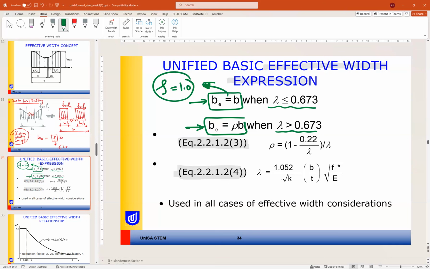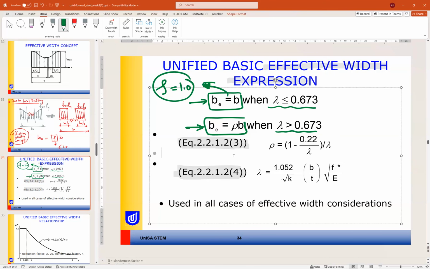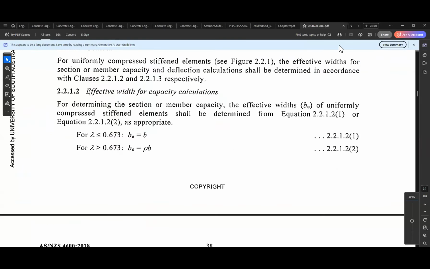Actually this should be 1. Anyway, let's have a look at the standard quickly. Here are the two formulas from the standard. Can you see them?